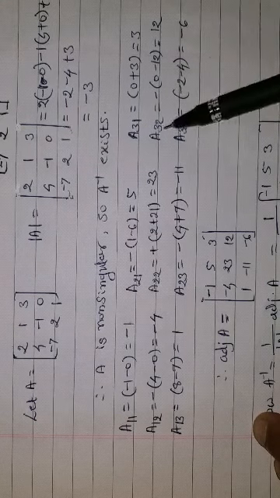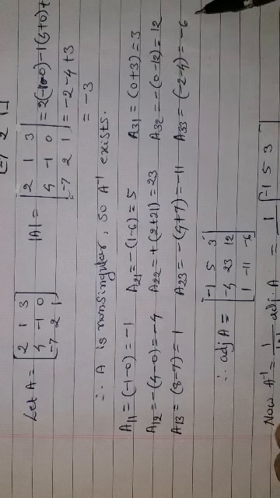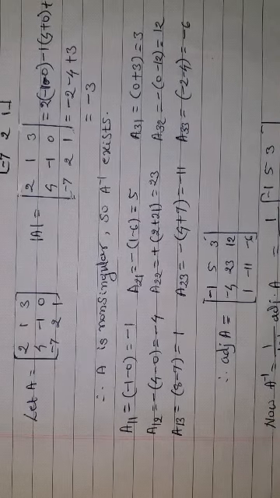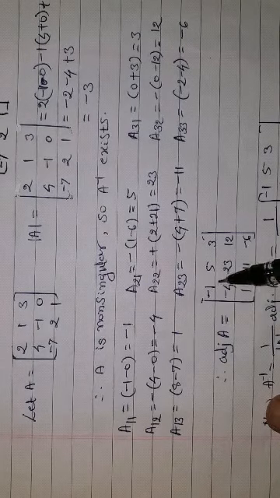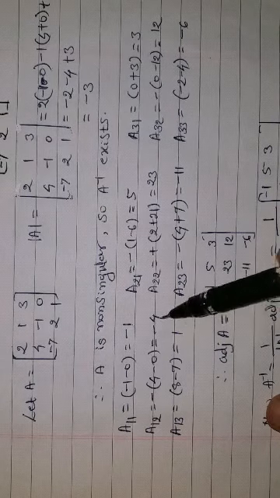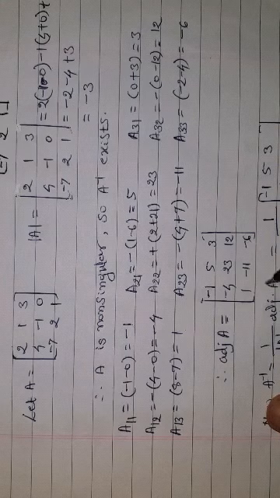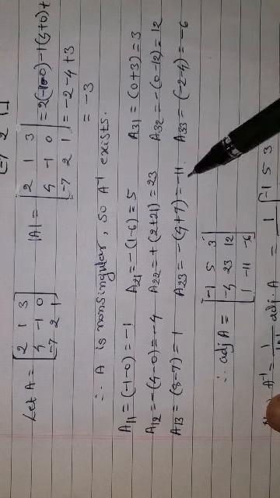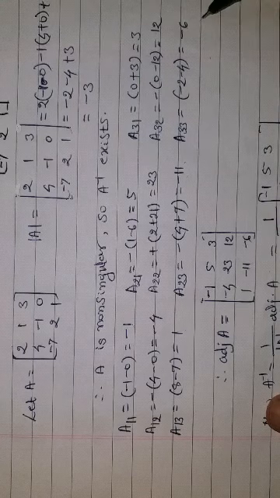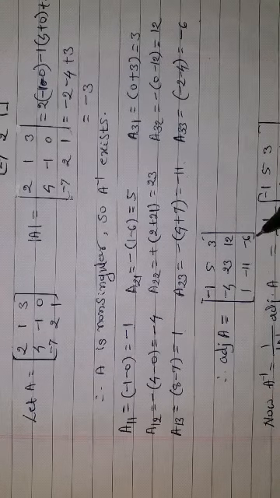A31 is 3, A32 is 12, A33 is minus 6. Then we find the adjoint of the matrix: vertically write down minus 1, minus 4, 1, then 5, 23, minus 11, then 3, 12, minus 6.